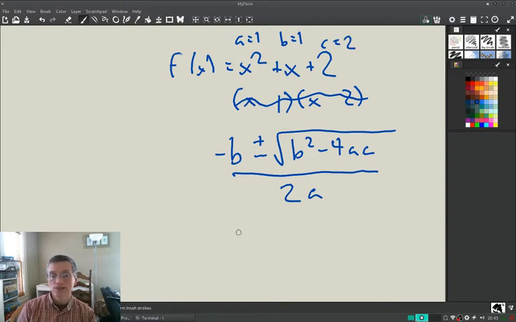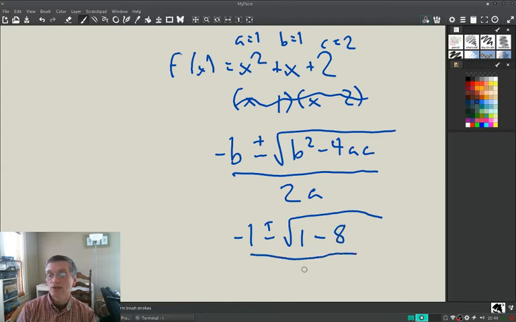So putting those numbers in, this is minus 1 plus or minus square root of b squared, 1 squared, 1, minus 4 times 2 times 1, 4ac. 4 times 2 is 8, times 1 is 8, over 2a. a is 1, so this is over 2. Let's simplify that a bit. 1 minus 8 is minus 7. And there are our roots.